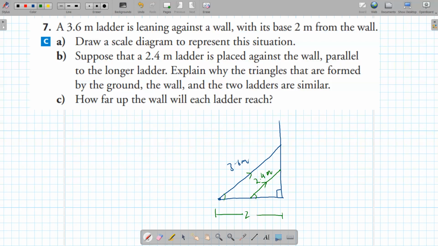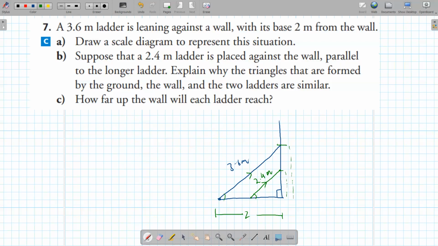How far up the wall will each ladder reach? So now we're trying to find this distance and this distance, from here to there and from there to there. Any ideas on how to do this question? We use the Pythagorean theorem. Right. Let's first find the height of the taller ladder.